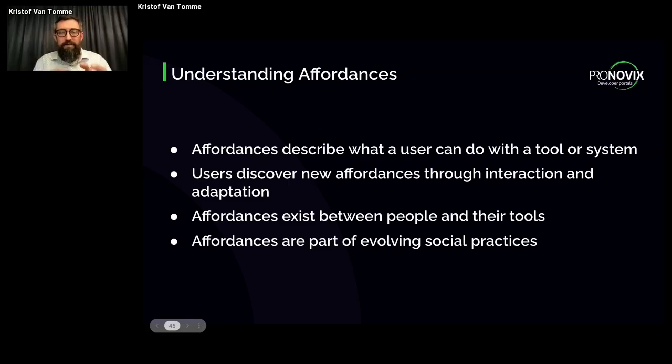A feature is a property or function of a product, and a product owner can design a feature for a product. But an affordance is this socio-technical thing that sits in between the users and the tool. Affordances are things that users discover through interaction with a tool. As they start adapting to the system and the workflows, they learn new things that they can do with their existing tools.